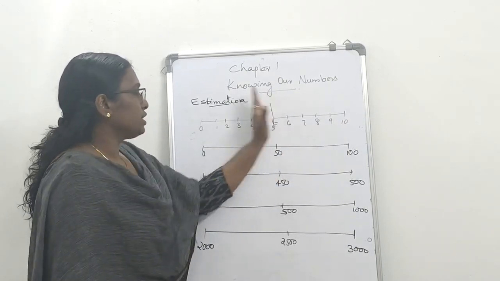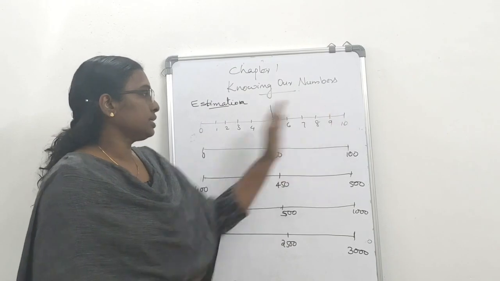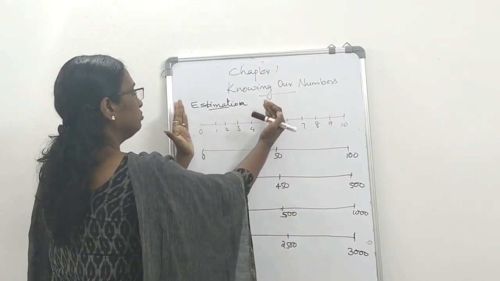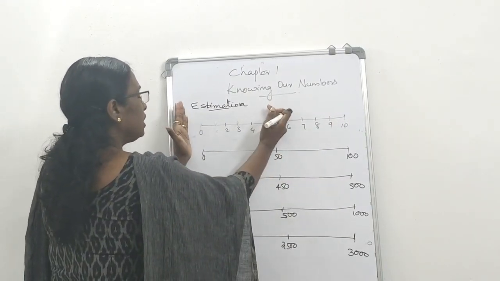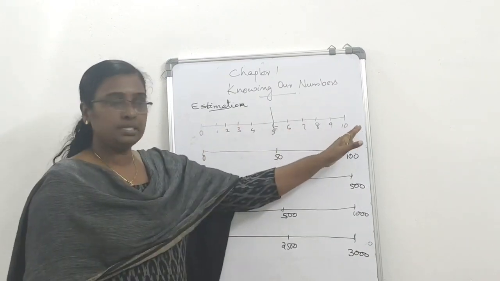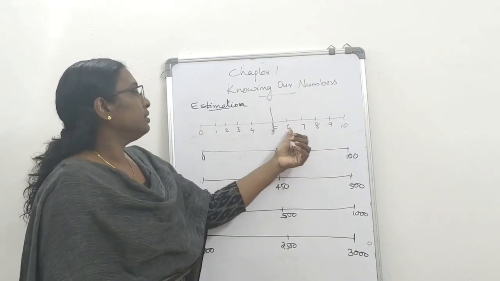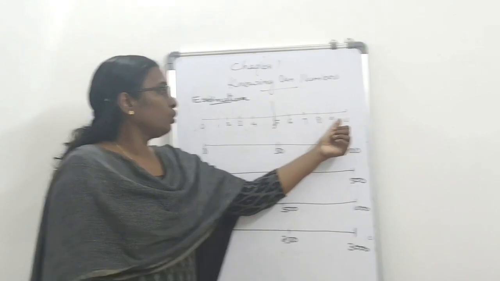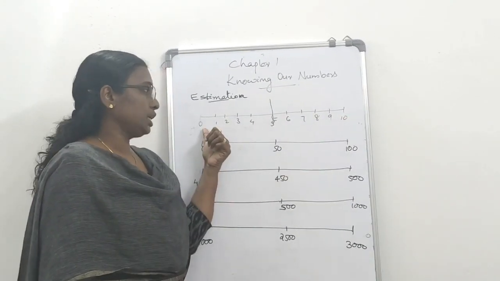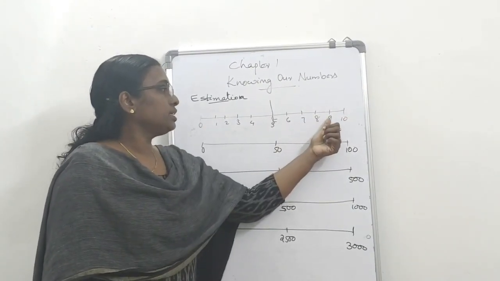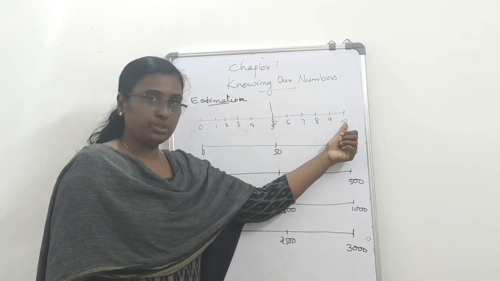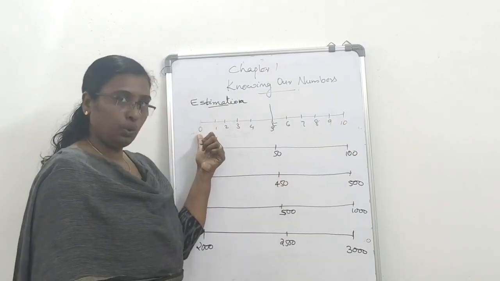5 is equidistant from 0 and 10. That is, this is a midpoint, equal distance from 0 and 10. Again 6 is closer to 10 than 0. 7, 8, 9 are closer to 10 than 0.